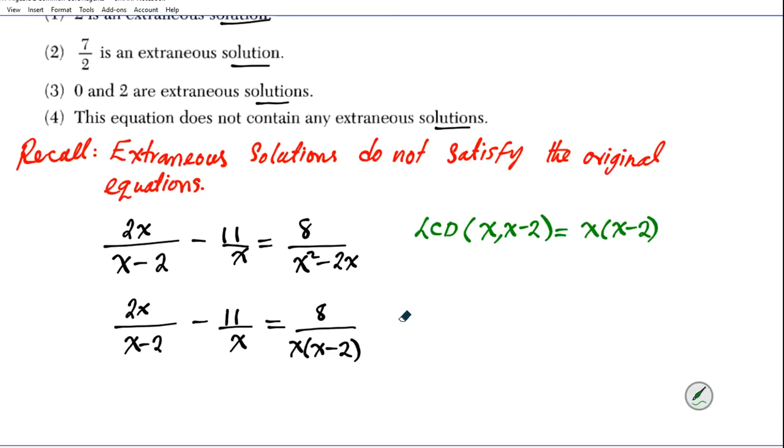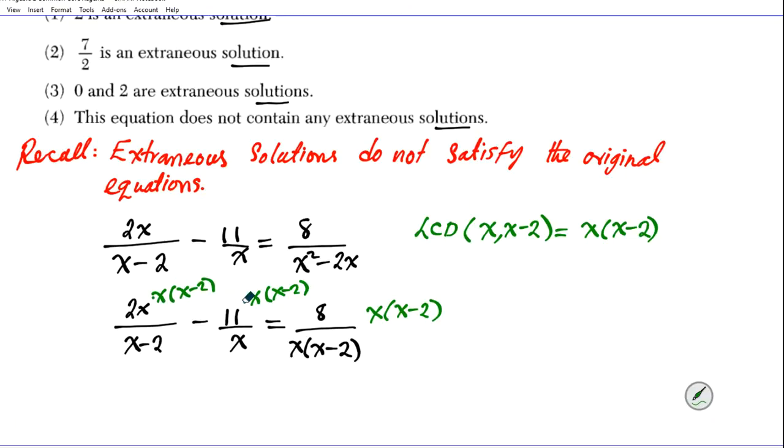It will become a polynomial equation, in this case a quadratic. So let's multiply by the LCD to get rid of the denominator terms. So we have x times x minus 2. Both sides of the equation must be multiplied by exactly the same thing, or else you are changing the problem. So times x times x minus 2.